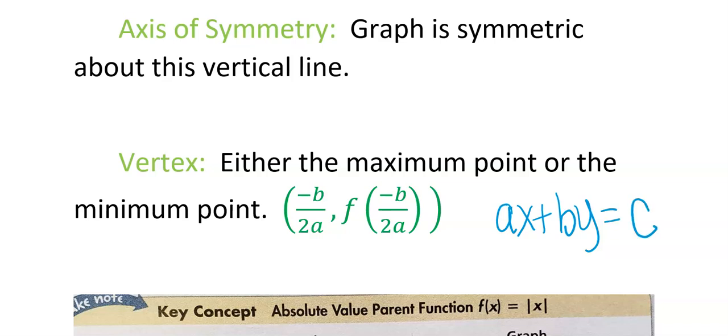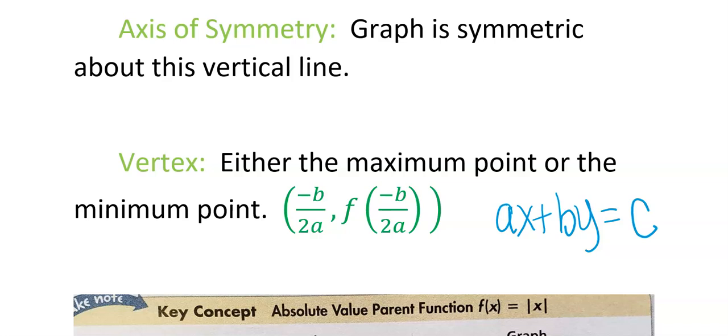Ax plus by equals c, that's kind of like standard form. So the a is with the x, the b is with the y, and then the number. So negative b would be whatever your y is, that number that goes with it, over 2 times a. It's kind of like if you take this equation and plug it into the quadratic formula, that's exactly what you're doing. So that's how those letters come about.